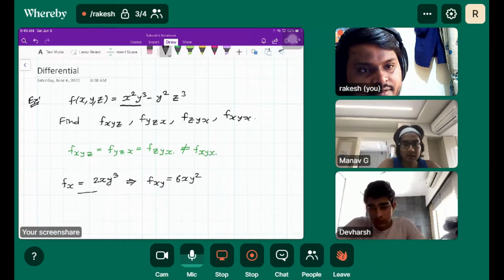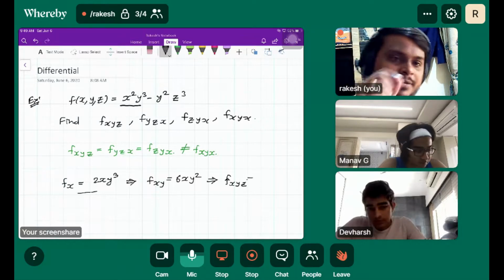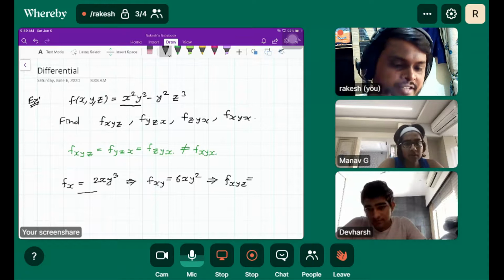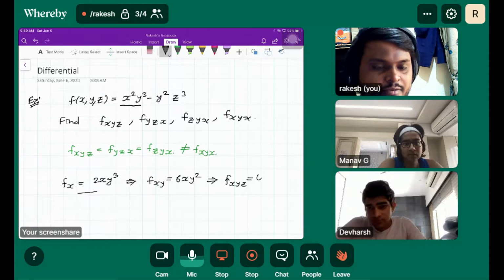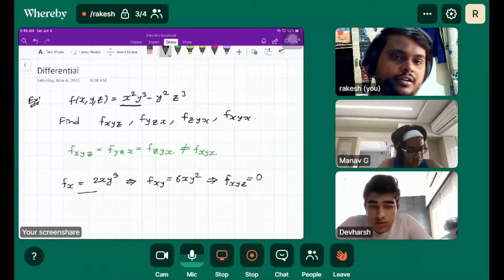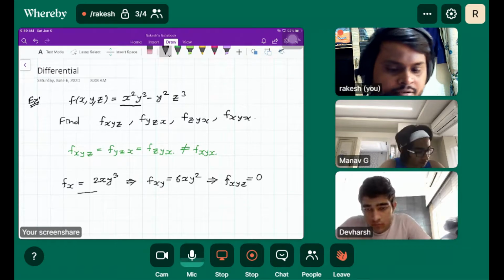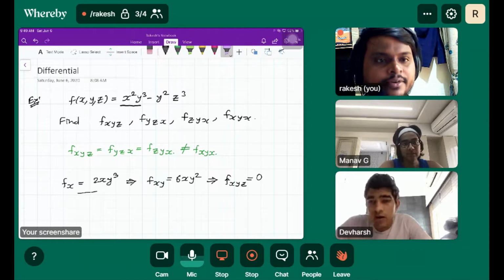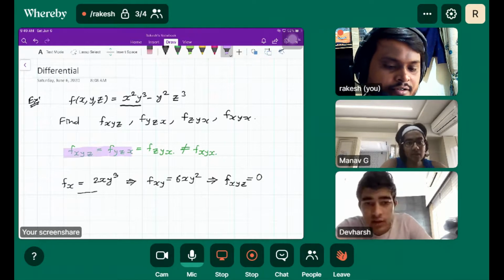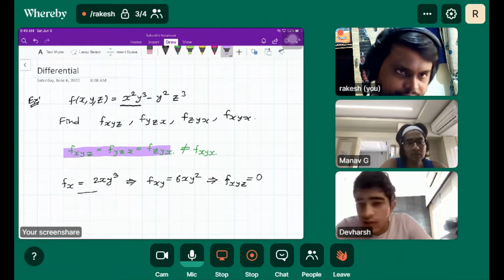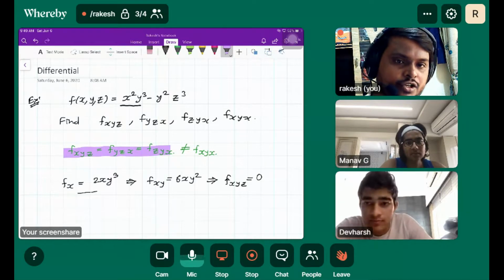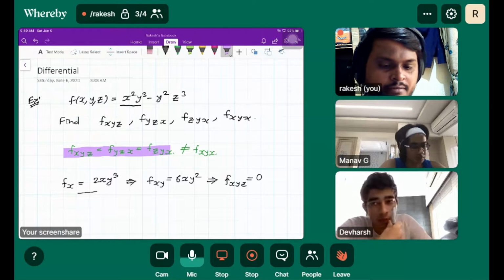And then we again differentiate this with respect to z. Since z is the variable and x and y are constant, it will be just 0. Similarly, you will find the others. Did you get that, Dev? Yes, I got the first three equal to zero, and the last one equal to 6y squared.